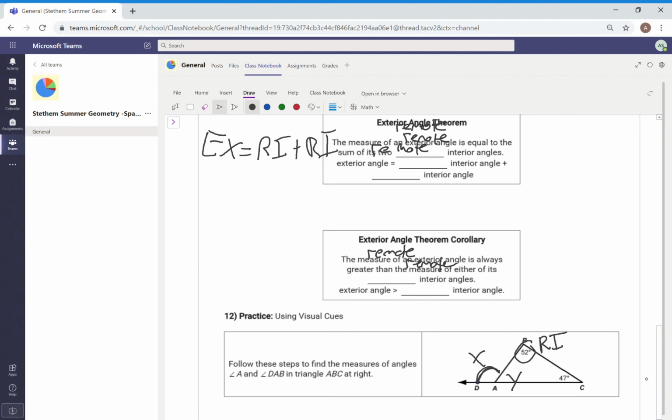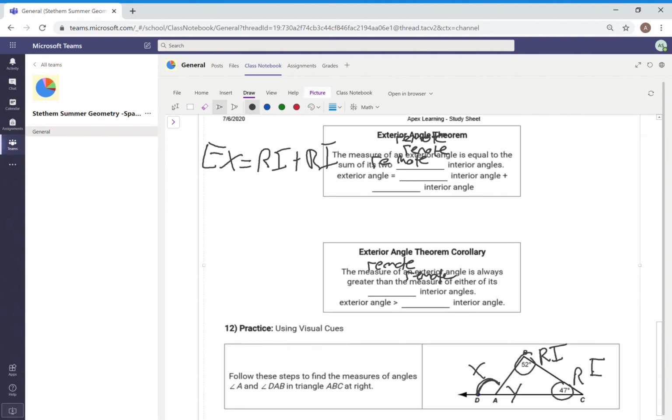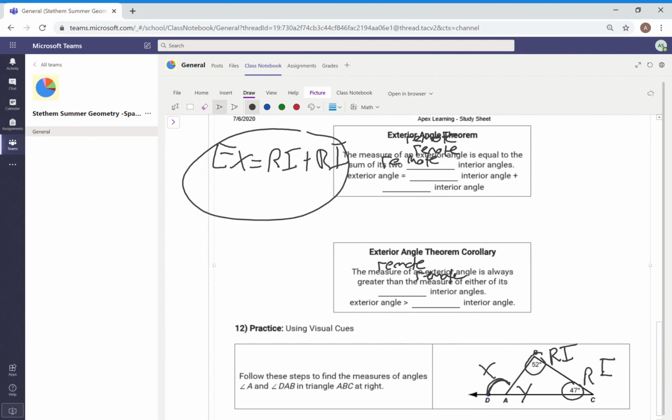I have a remote interior angle, the 52. I have another remote interior angle, the 47. So this theorem up here states to get this exterior angle, which I'll just make X, I'm going to add together my 52 plus my 47. So now I'm just going to add it up. So X will equal 2 plus 7 is 9, and 5 plus 4 also 9. So this angle out here equals 99.